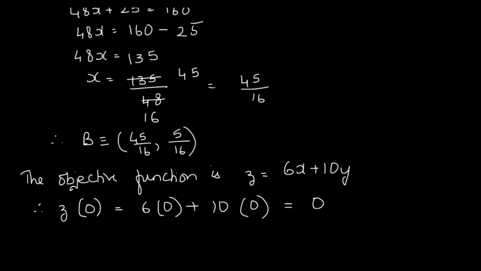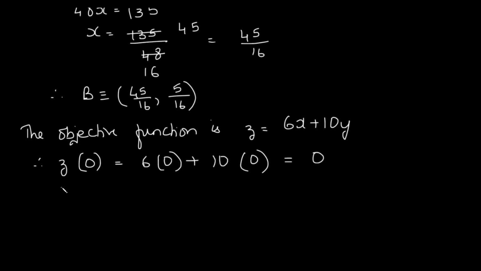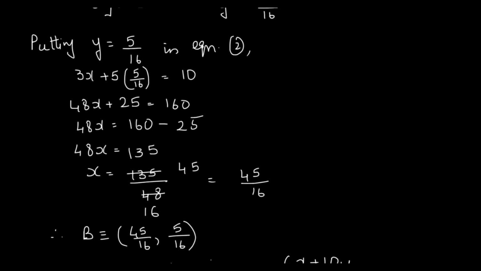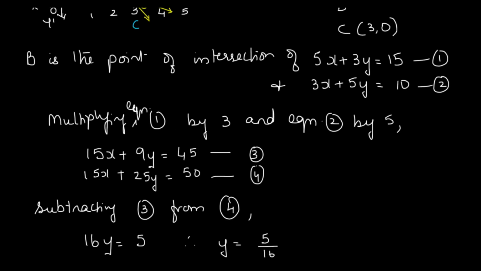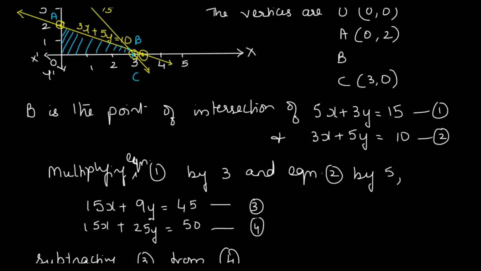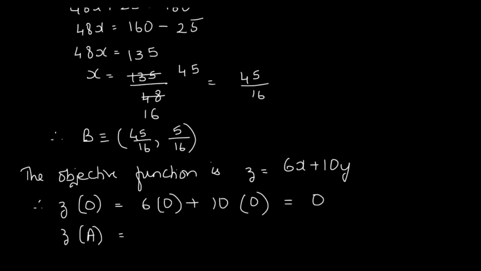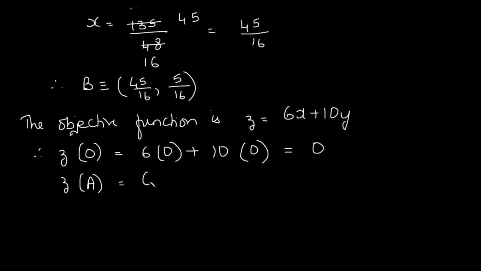Similarly, ZA. Now for ZA, looking at the values which we got earlier, A is 0, 2, and therefore we write here 6 into 0 plus 10 into 2, which is 20.